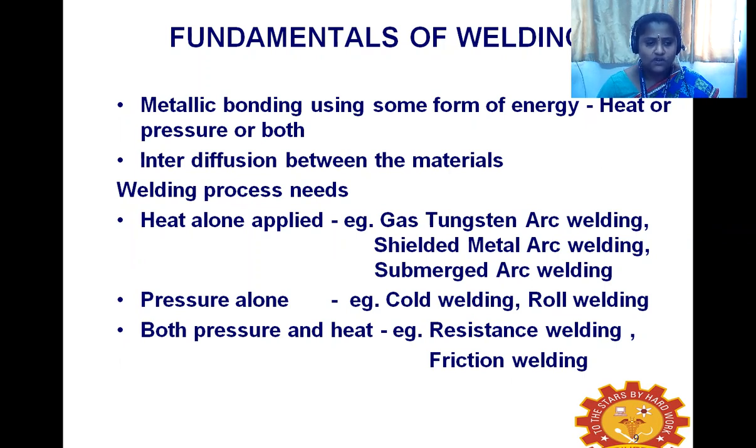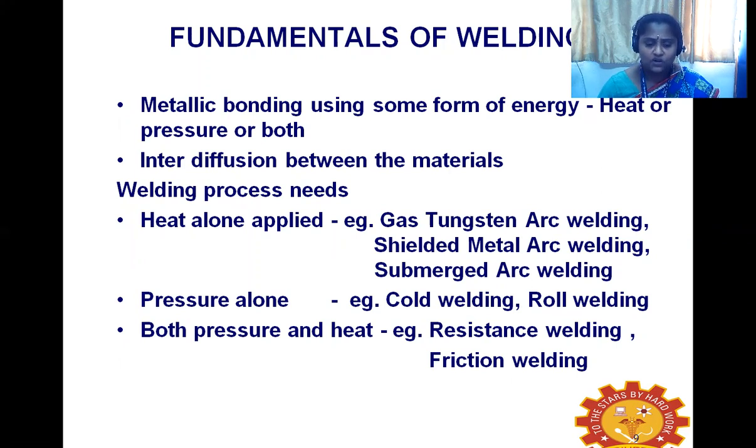Welding process. What are all the welding processes? First process is heat alone. Second process is pressure alone. Third one is combined together, which we are using in practice everywhere. In the case of heat alone, examples are gas tungsten arc welding, shielded metal arc welding, submerged arc welding.